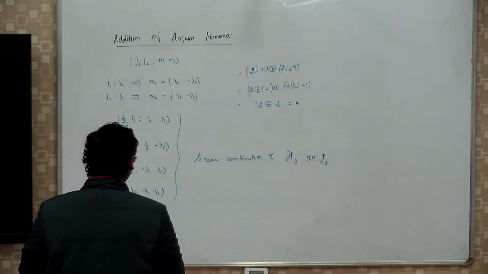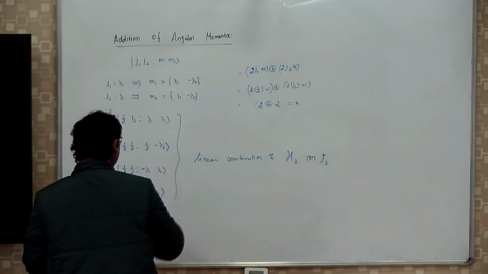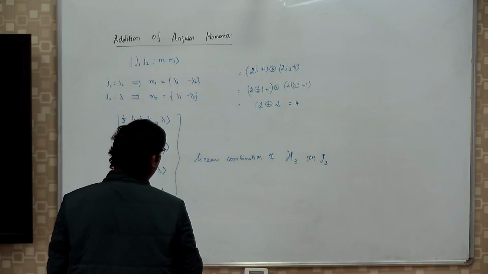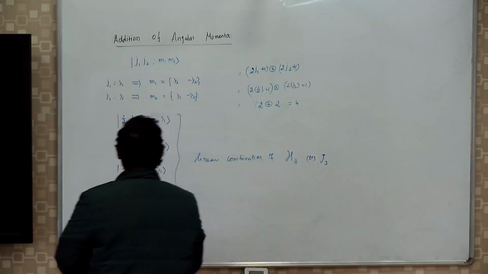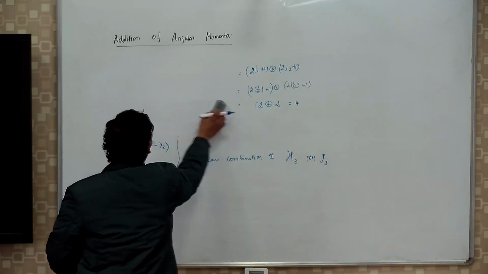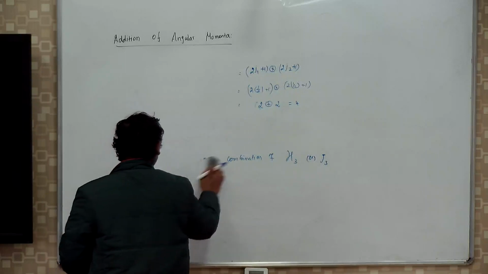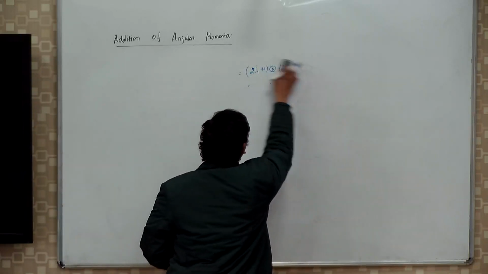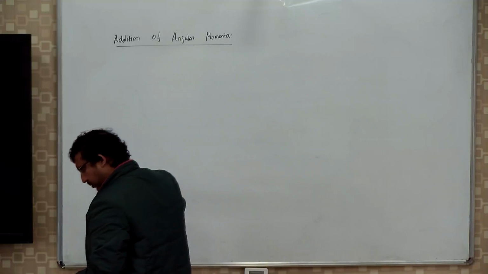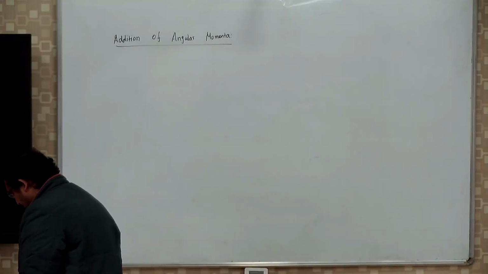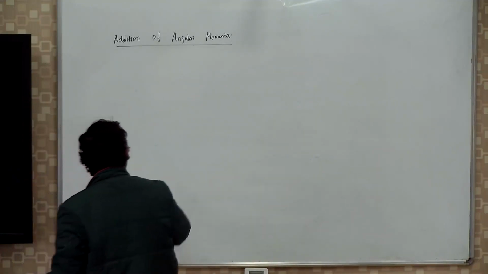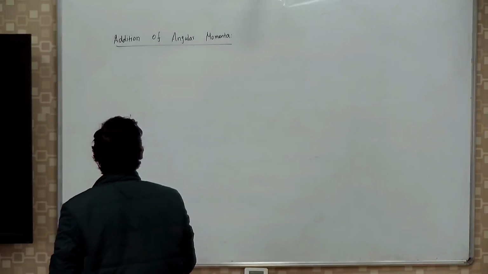So all these 4 vectors are the basis vectors of H3, or we can say these are all the orthogonal basis of H3.